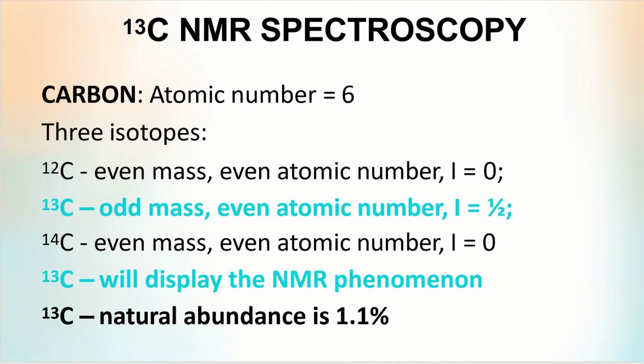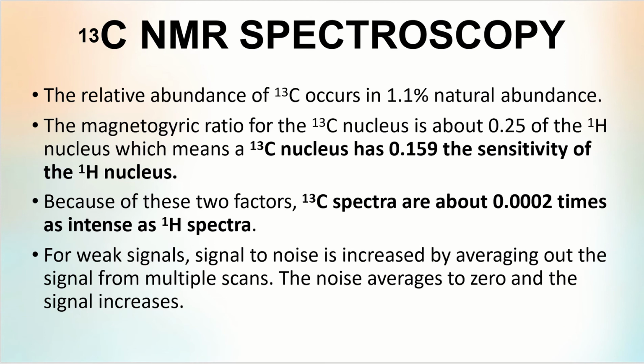And it's important to also note that carbon-13 has a natural abundance of 1.1%. All right, so as we just mentioned, the relative abundance of carbon-13 is about 1.1%.